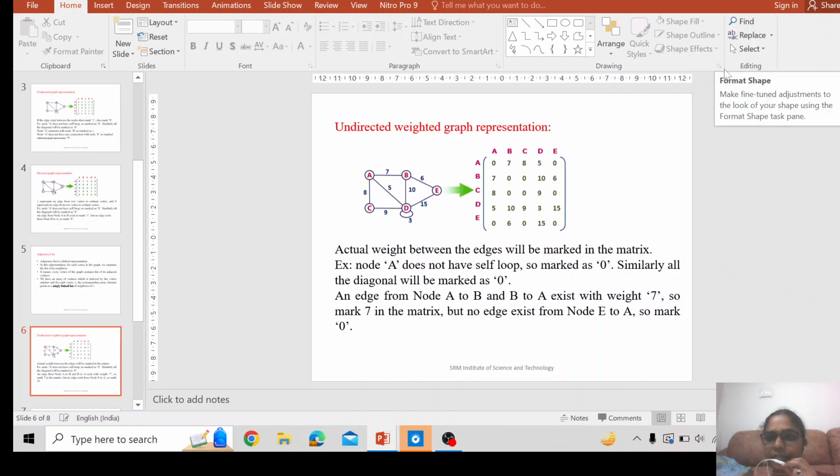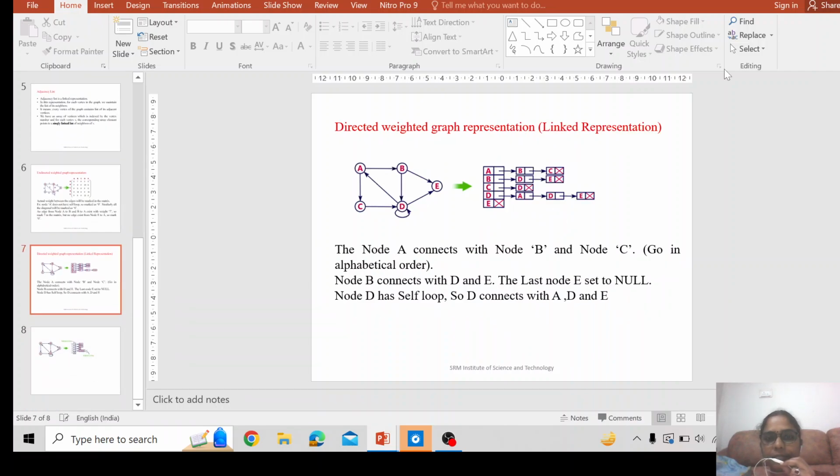Here, instead of the value 1, the weight will be represented in the matrix. According to the undirected weighted graph representation, the value of A with B and B with A will be represented as 7. In the previous case it was 1, but here we have an actual value, so the weight will be represented in the matrix.